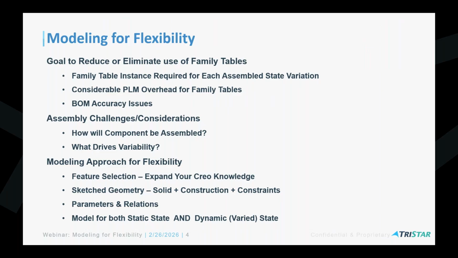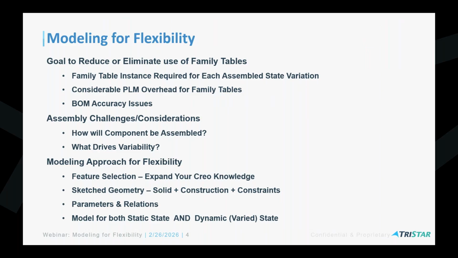Of course, we know that when we're using a PLM system, there's a lot of overhead with family tables in that PLM system, and we're finding more and more that companies that really have a lot of family tables start having problems with users making changes to instances of a family table without actually changing the generic of a family table, and then they start getting into a lot of trouble there. There's also bill of material accuracy issues when we use different instances from a family table in our bill of materials. Then we have to represent each of those as a line item.